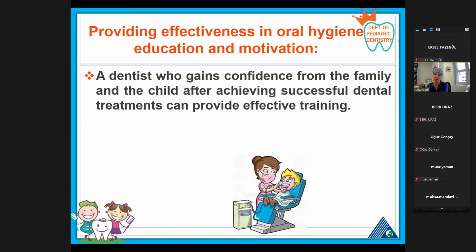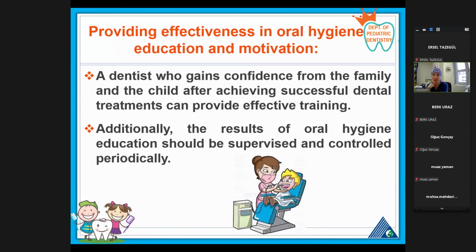But a dentist who gains confidence from the family and the child after achieving successful dental treatments can provide effective training. Additionally, the results of oral hygiene education should be supervised and controlled periodically.